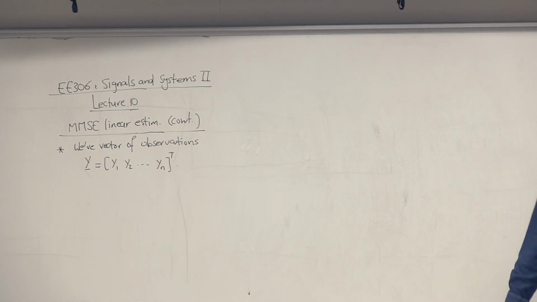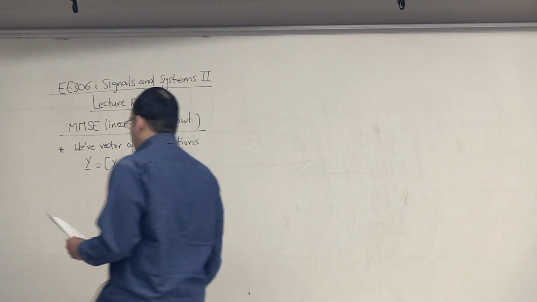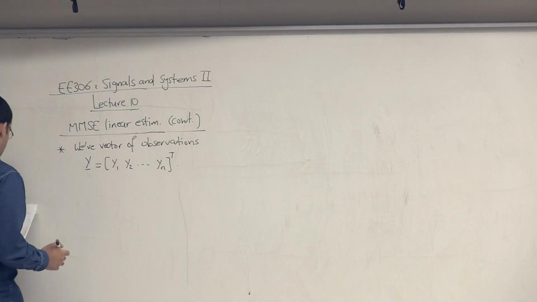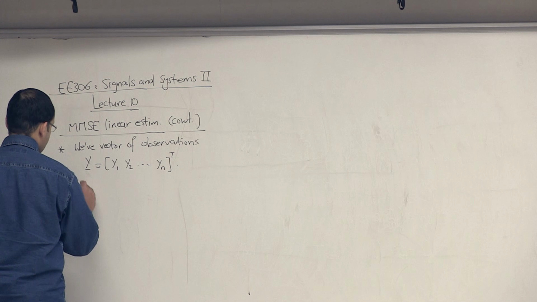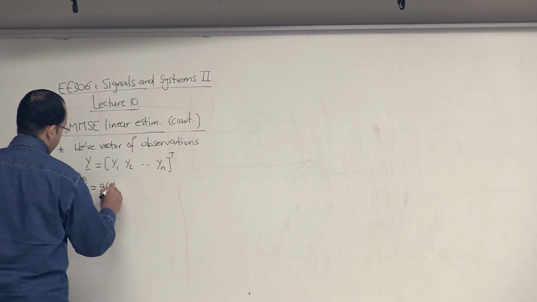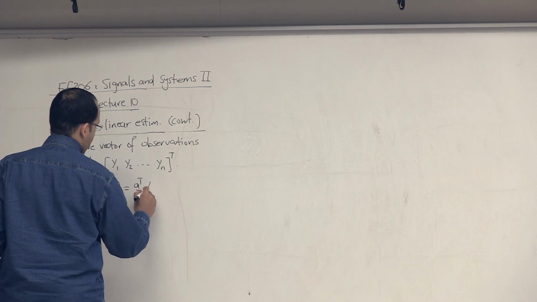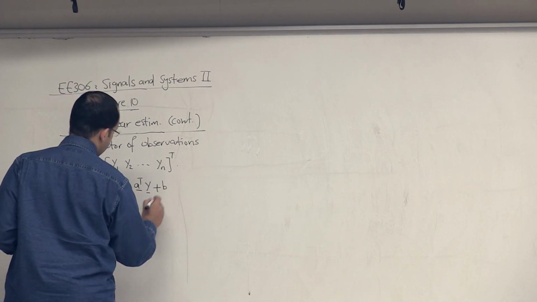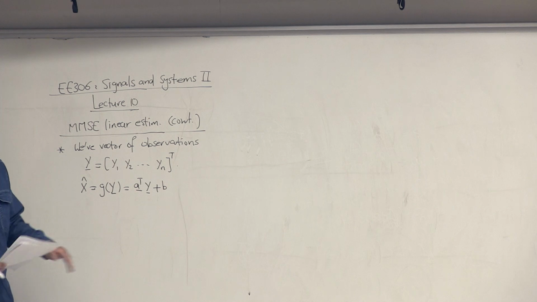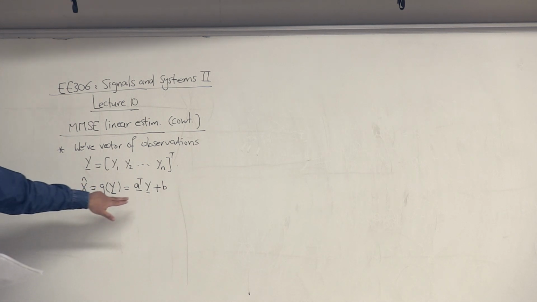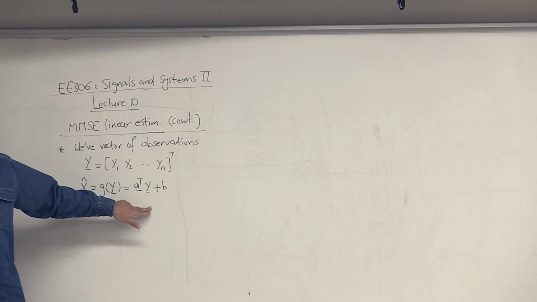All right? So here we are still in the linear case. So x hat, our estimator, as a function of this vector y, is A transpose y plus b. That's just some linear estimator. A transpose y is a vector or a scalar?